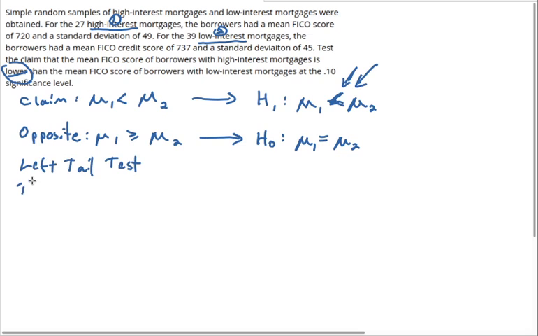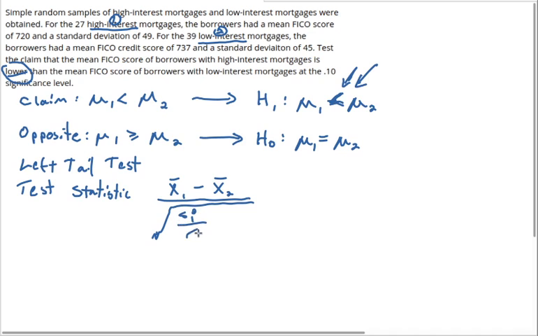So now we calculate the test statistic. And to do that, we use the formula x bar 1 minus x bar 2 over square root of s1 squared over n1 plus s2 squared over n2.